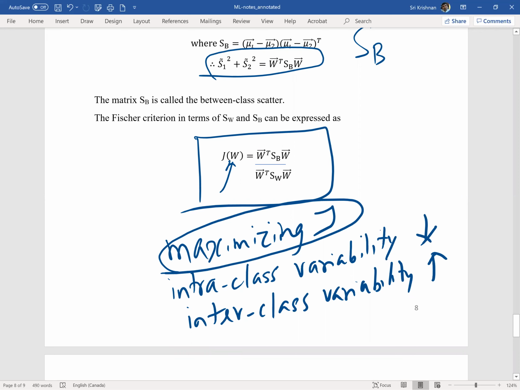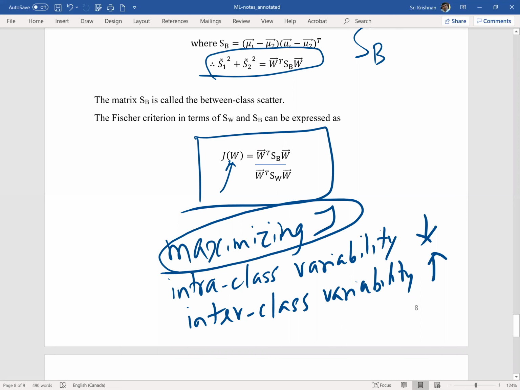Your heart rate could vary between 80 to 110, and if anything above 120 is considered abnormal, you may need to decrease that intra-class variability of 80 to 110, bringing it to 80 to 90. This way, you're very confident that this intra-class variability is not going to enter the next group. That's basically the whole idea of linear discriminant analysis.